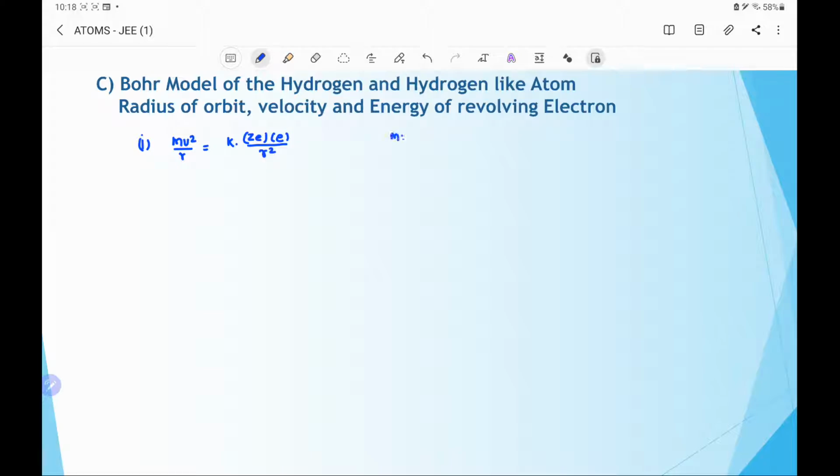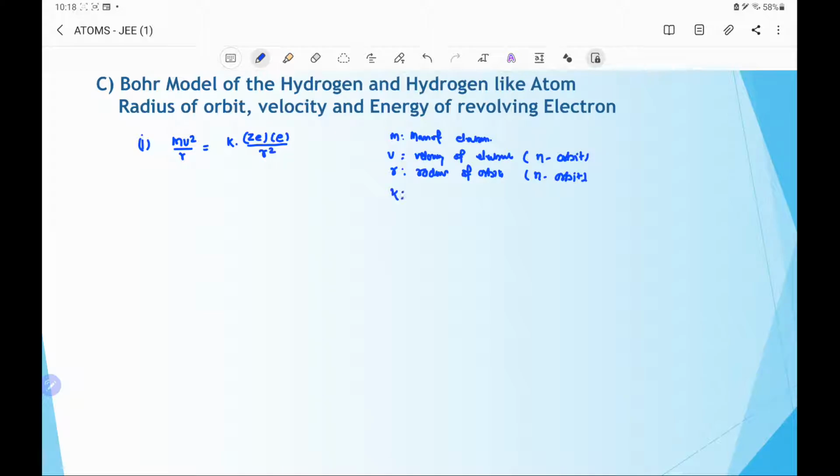Here m is the mass of the electron, v is the velocity of the electron, suppose we are taking the nth orbit, and r is the radius of the orbit.